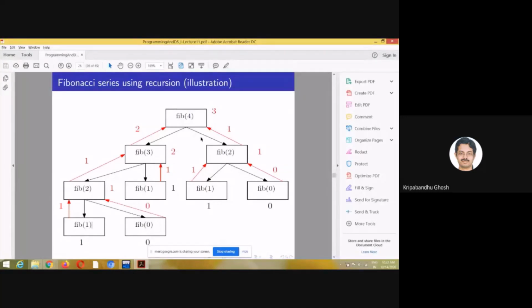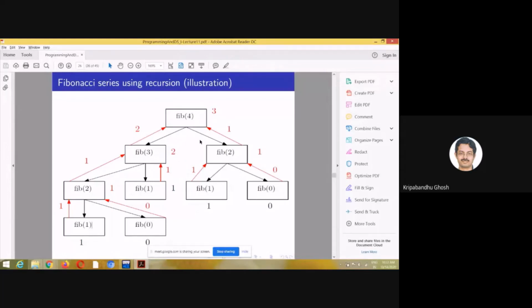This goes on. Although this is a very popular way of solving this particular problem, that is, calculating the Fibonacci series, you see that this kind of method does have some disadvantages, which I mentioned in the last class also.